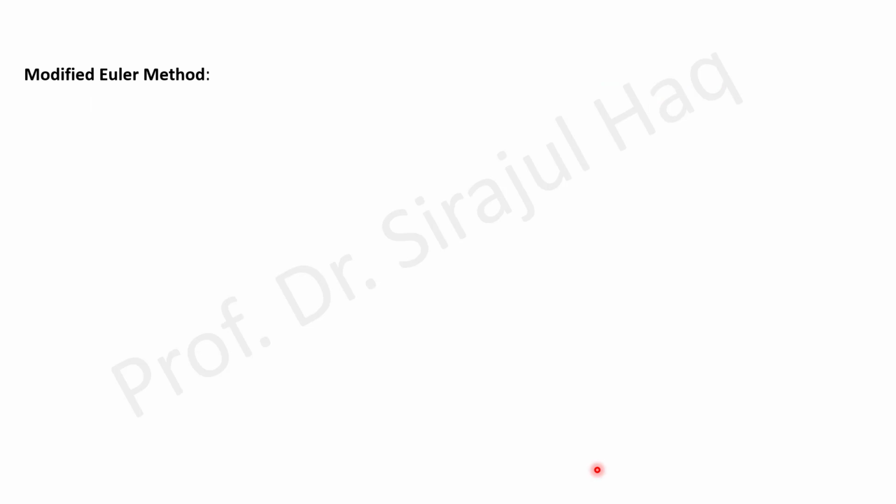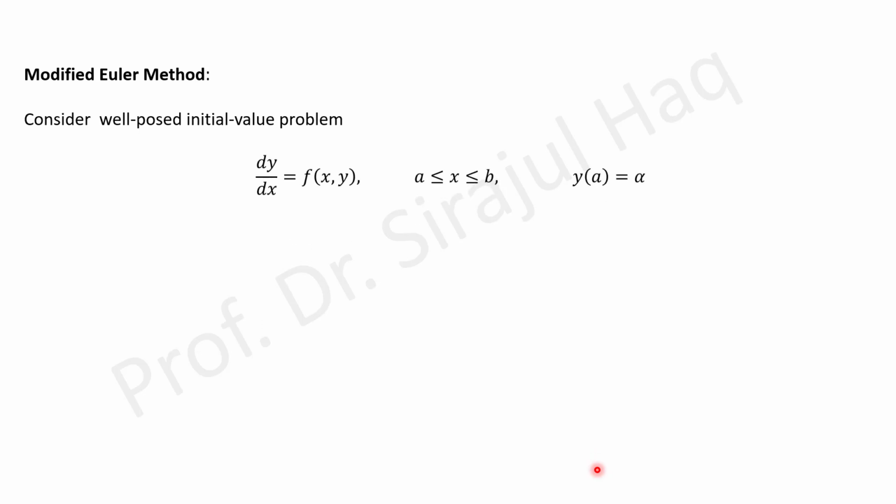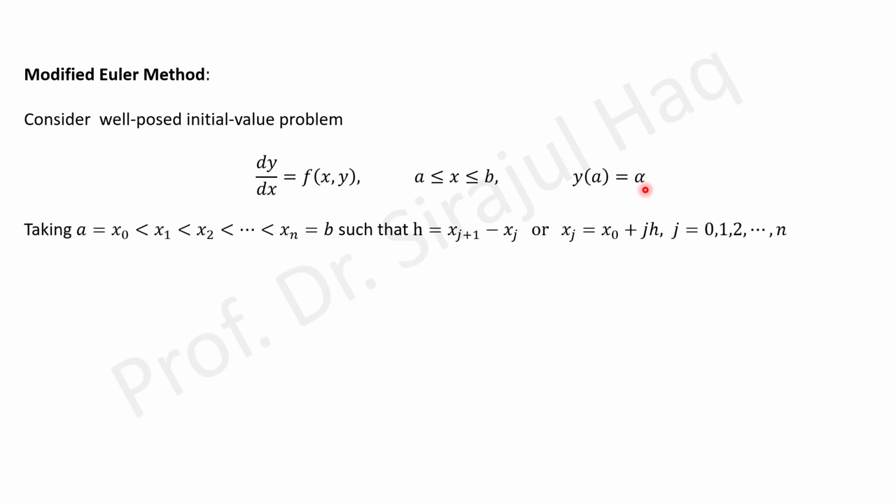Let's go to another technique, which is the modified Euler method. Consider the initial value problem. As previously, this is the differential equation. This is the domain, and since it is a first order differential equation, at the initial point your solution is alpha. Mesh points: a is equal to x0 less than x1 less than xn is equal to b.